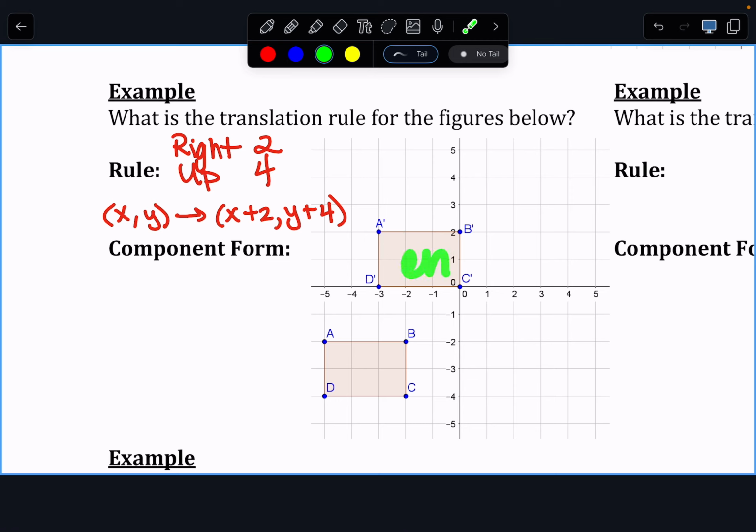This is where we end. This is where we start. Augie was not the only one. Do not roast him. Half of you did the same thing. If I'm asking you for component form, I'm asking you for the vector 2, 4.